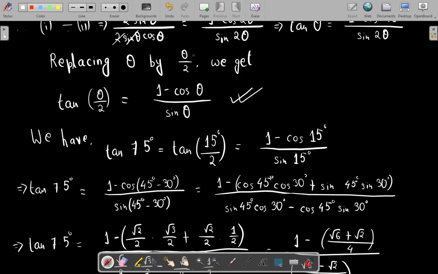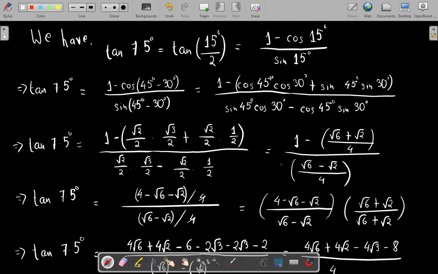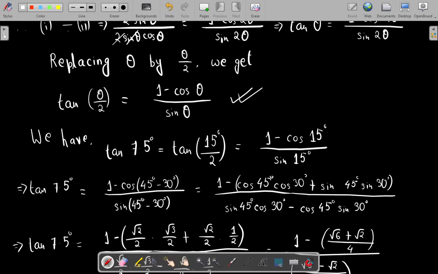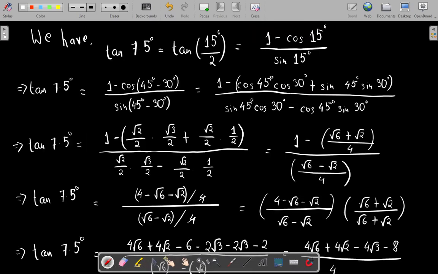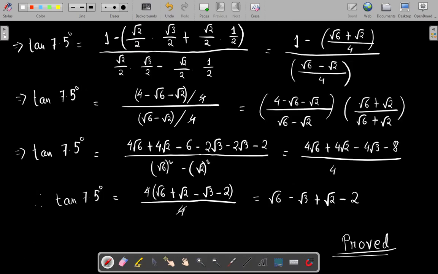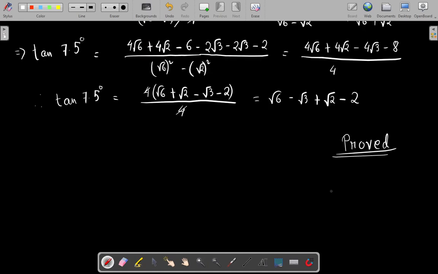After deriving this formula and using it, I computed these values of cos 15 and sin 15 using the compound angle formula, and the rest is just calculations and computations. So this is it. Thank you.